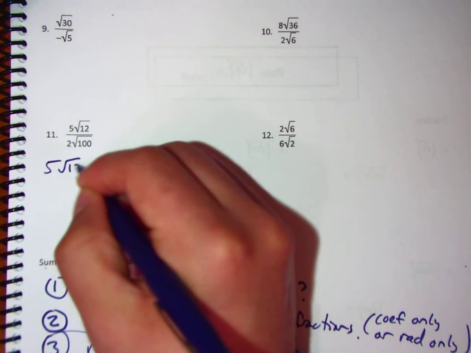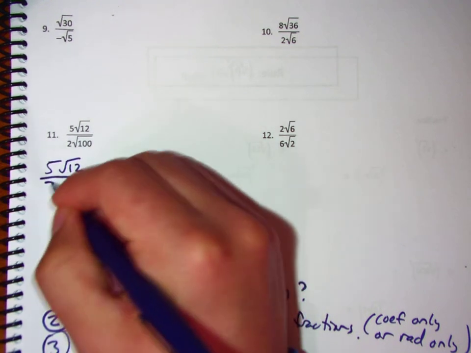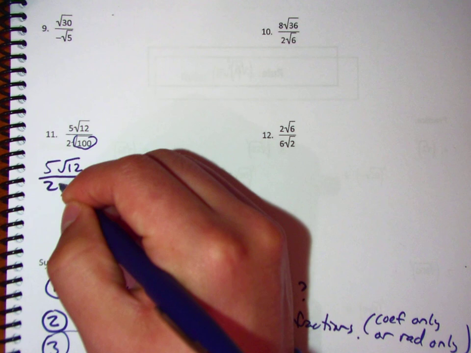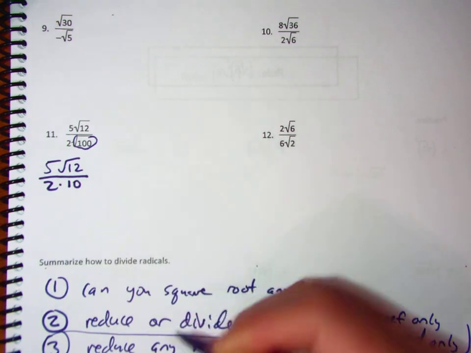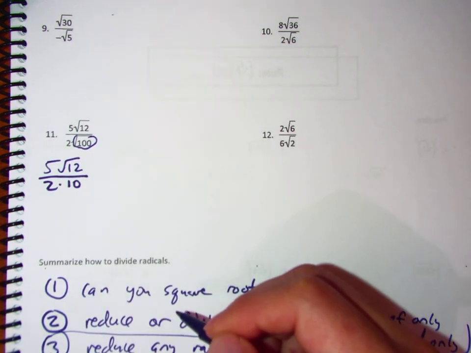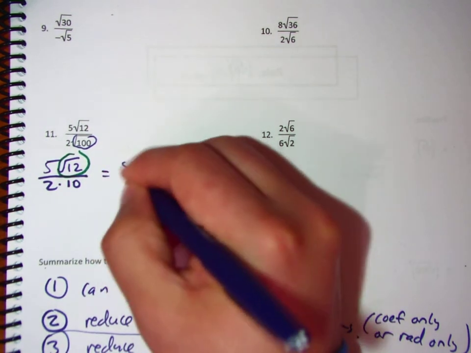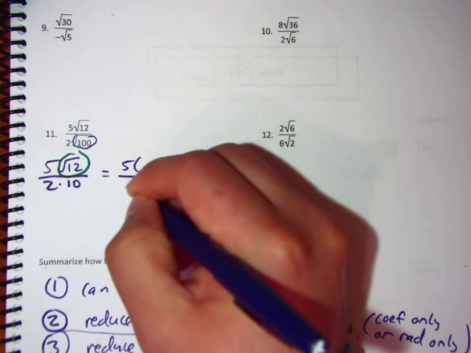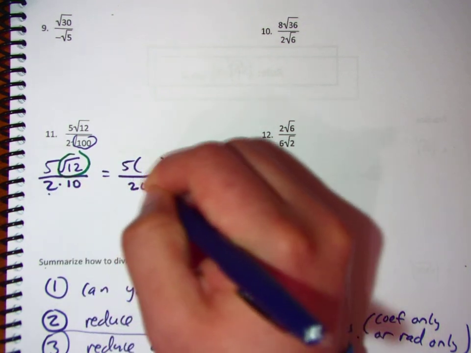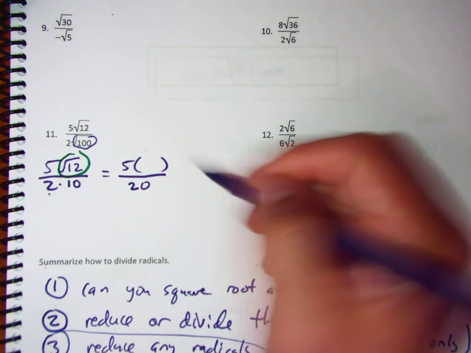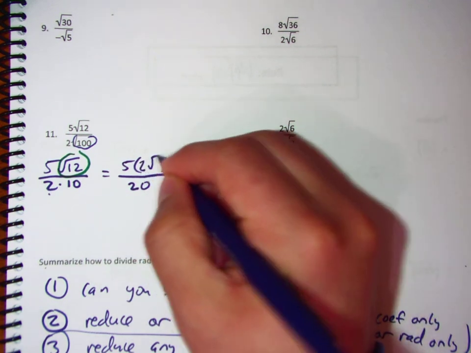All right, well, hey, 5 root 12 over 2, and right here I see the square root of 100. I know that that's 10. So that's done. And now the square root of 12, that's going to get reduced. 2 times 10 is 20, by the way. The square root of 12, that reduces to 2 root 3.